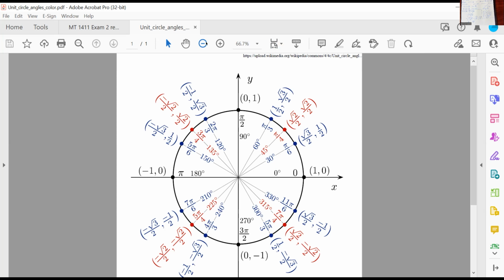Over here, they're both negative. That makes sense.